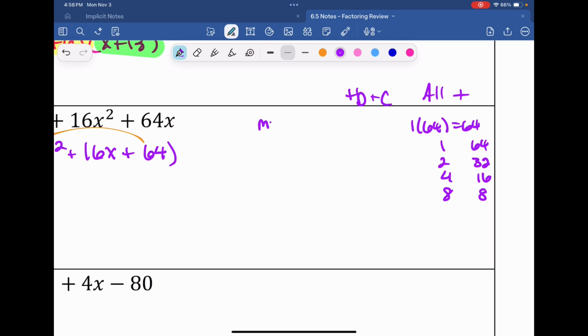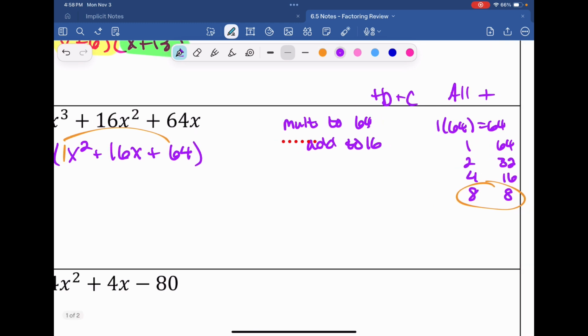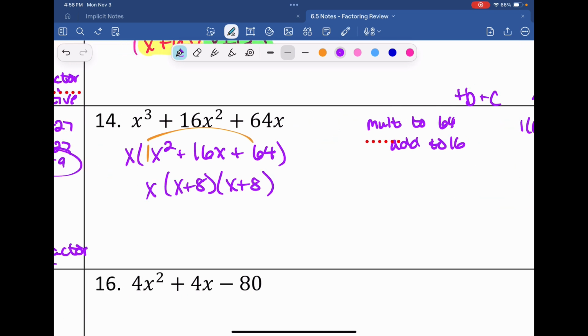So it's got to multiply to 64, add to 16. And it's all positive, so I don't have to worry about my signs, and that happens here. And since my leading coefficient is a 1, I can say x plus 8, x plus 8, and your original GCF.